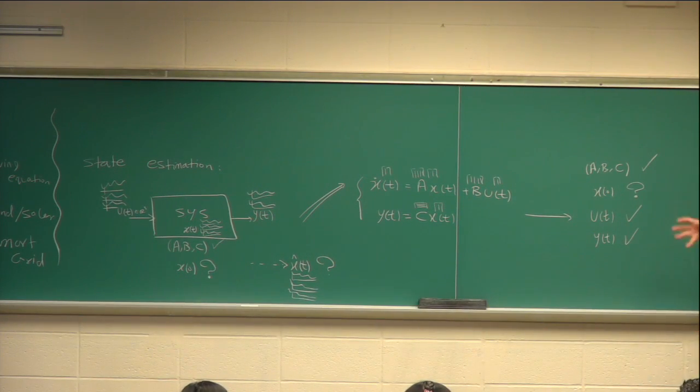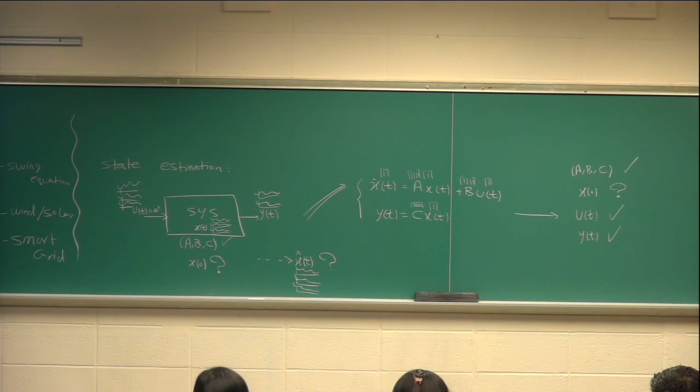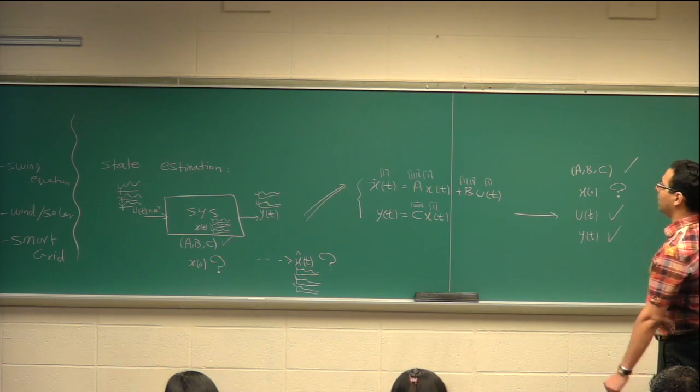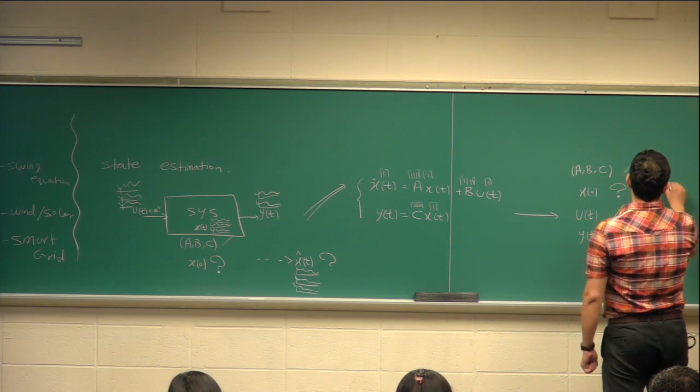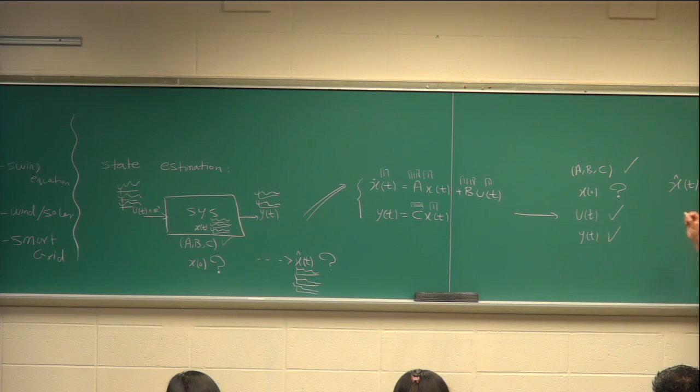Some of you might have already seen a state estimation. How can we do a state estimation? We have to design a simulator to mimic the behavior of the system. How can I design a simulator here? I do it in the following way. I generate x hat in the following way.